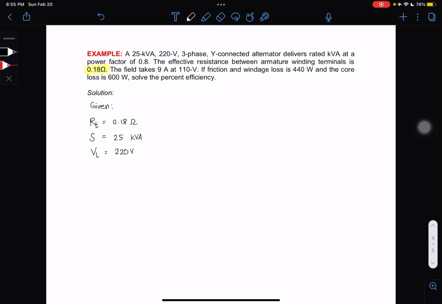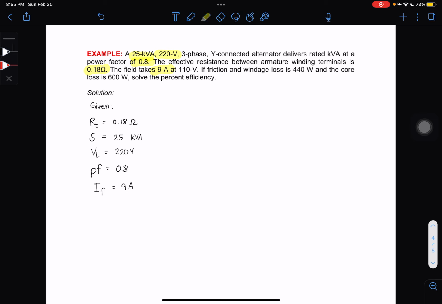And it also gave the power factor, 0.8. And we have a field current IF of 9 amperes.